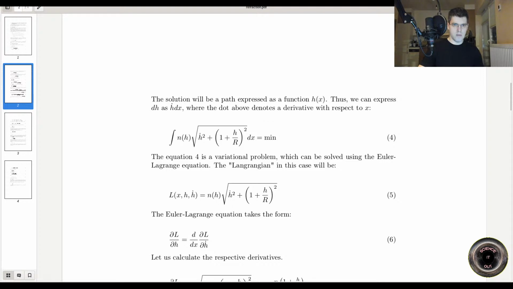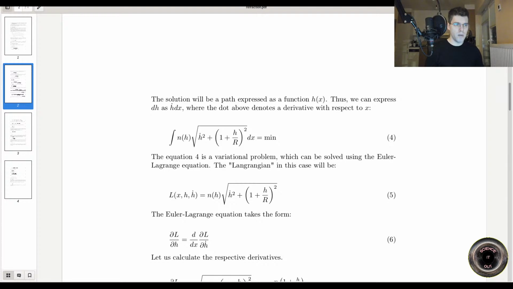So we have this h dot squared, and the dx goes outside the square root. Such a problem can be solved using the Euler-Lagrange equation.